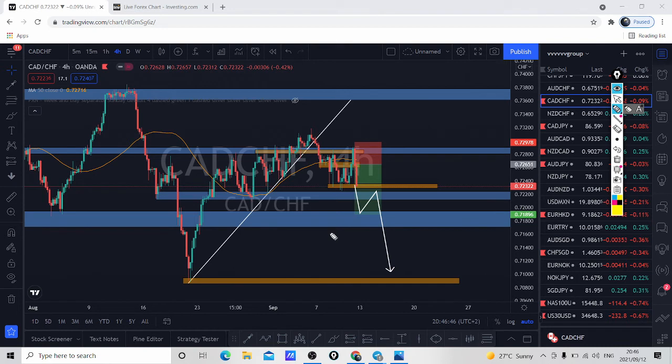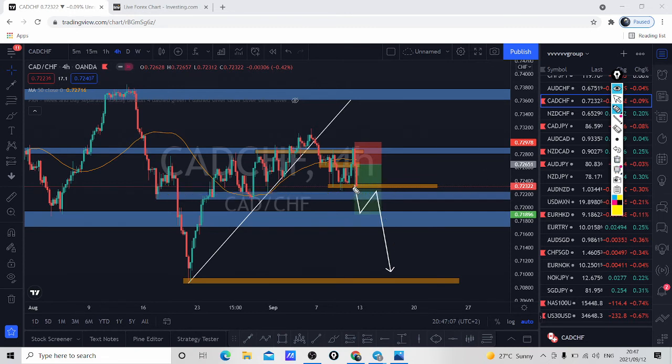So the next entry is going to be like this. I'm going to wait for the market to break and then retest and then sell. Why am I waiting for that? It's because whenever the market is approaching a big support, it can bounce there and go back.